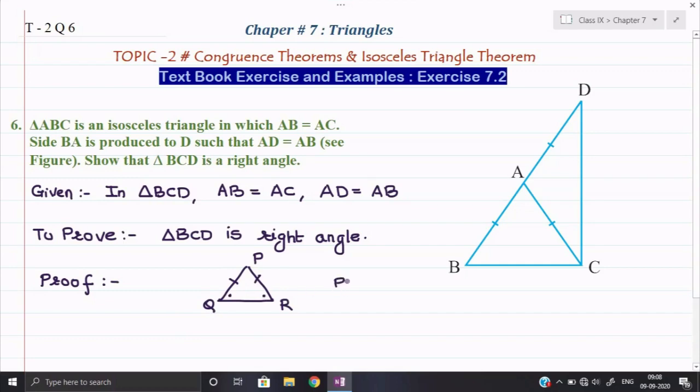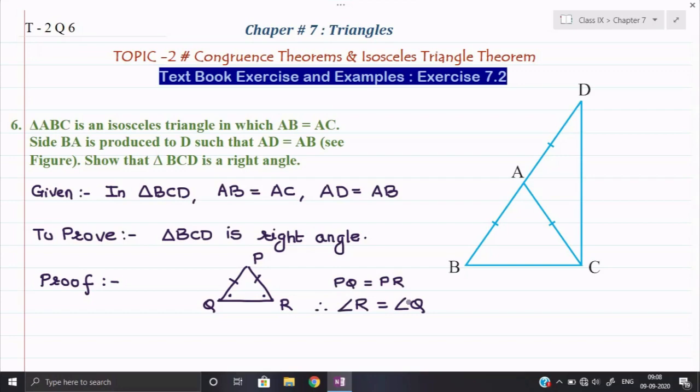So if I say PQ is equal to PR, then what is the angle in front of PQ? That is angle R. In front of PQ, observe, it is angle R, and in front of PR it is angle Q. So angle R and angle Q are equal when the two sides PQ and PR are equal.